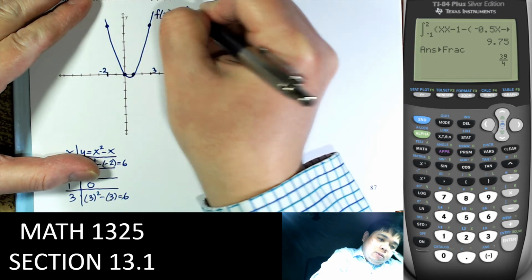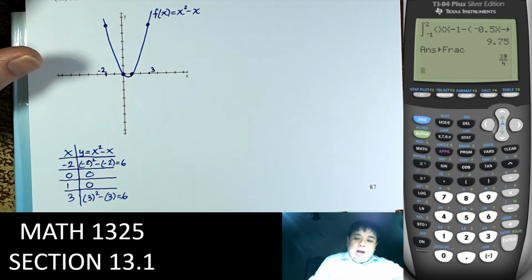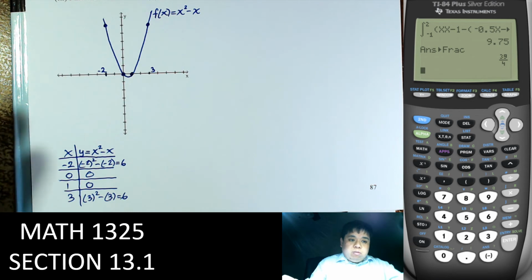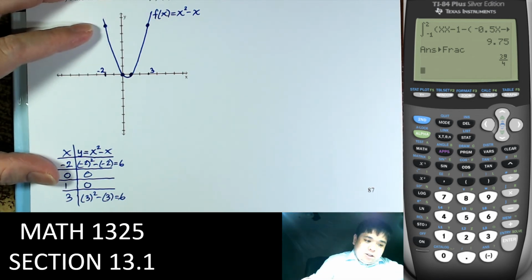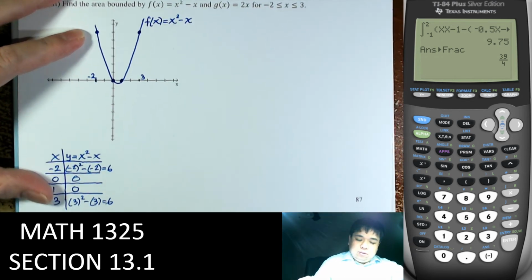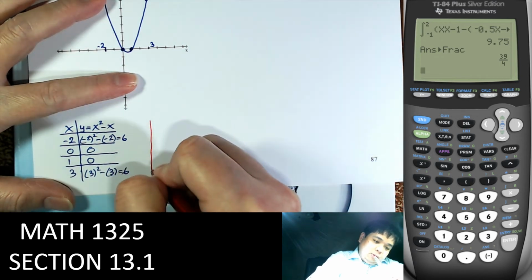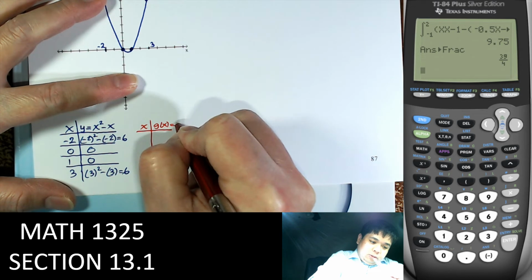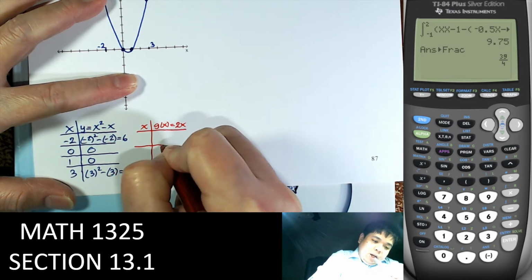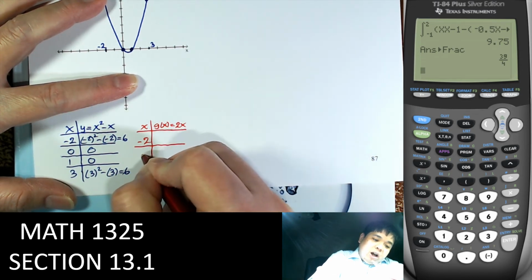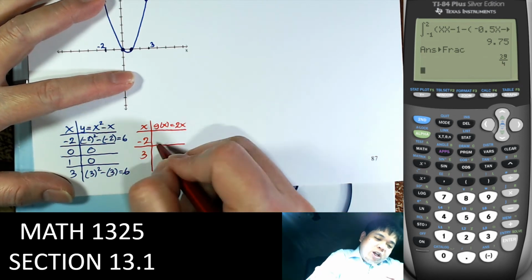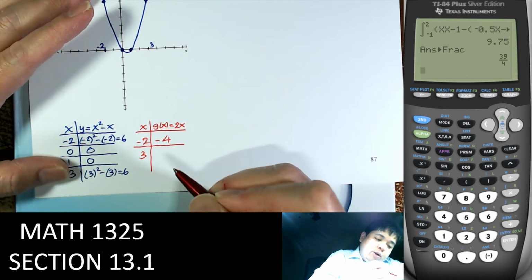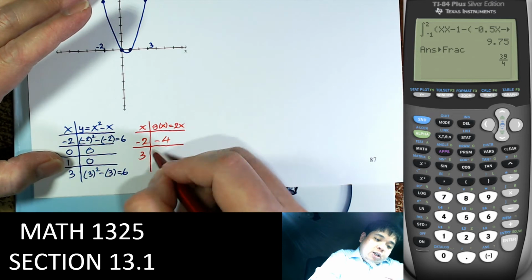And now g of x is 2x. This is the equation of a line, so we just need 2 points. When x equals -2, that's -4, and when x equals 3, it's going to be 6.